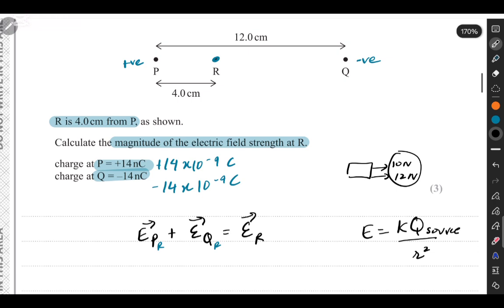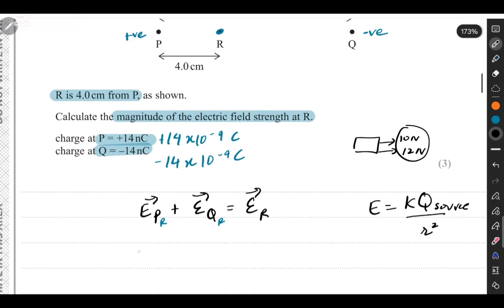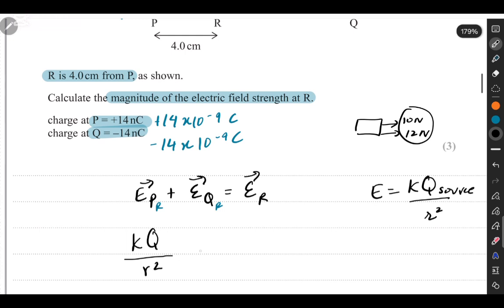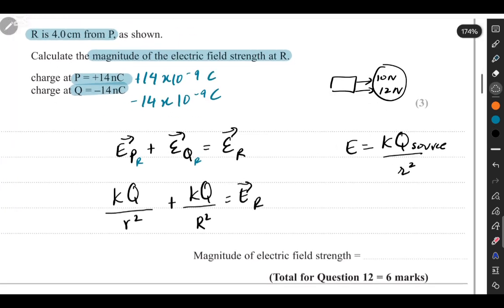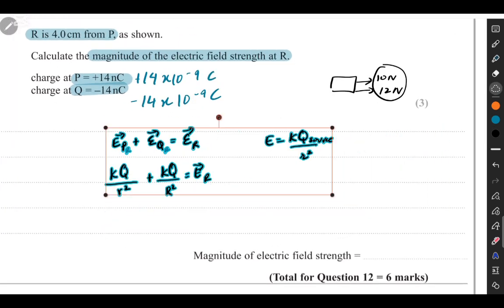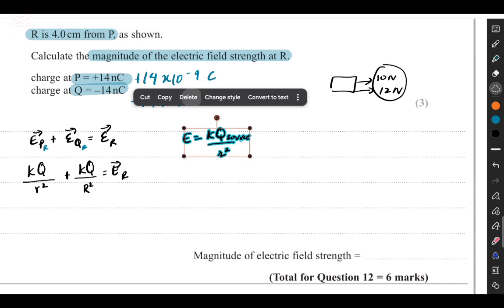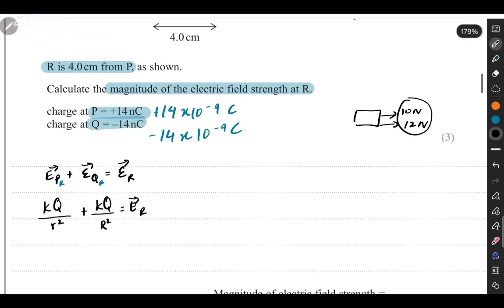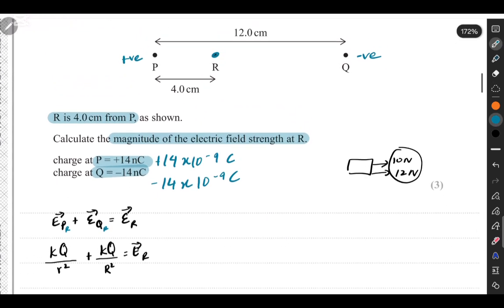So it's going to be kQ by r square, plus kQ by r square, and I'll put a capital R for the total equal to that. All right, so this is all just explanation. You don't have to write all of this. I'm explaining in a very simple way and very basics as well.